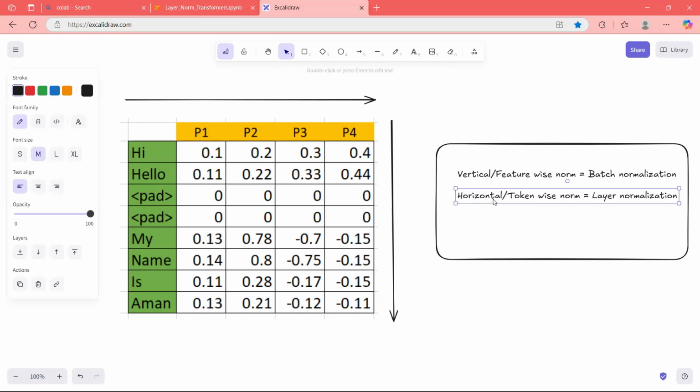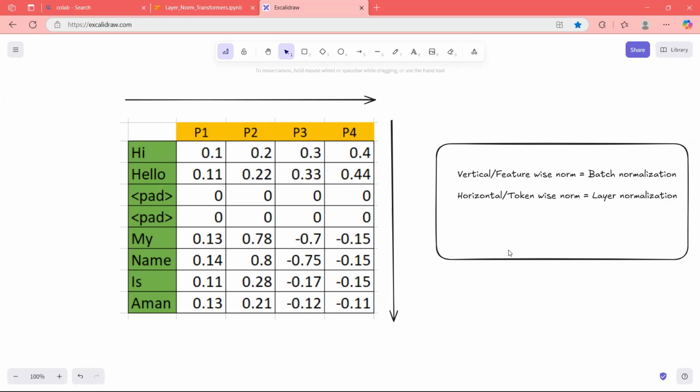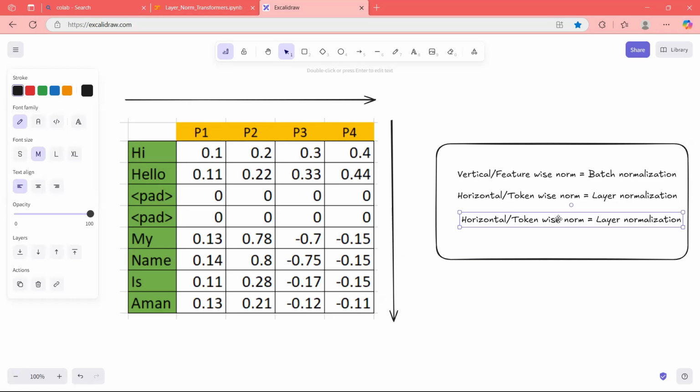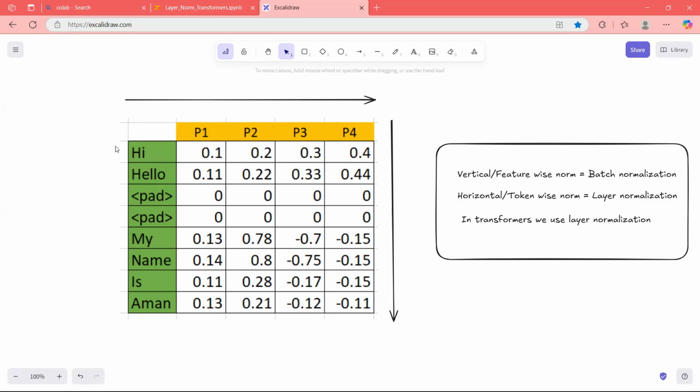And one very important thing here: in transformers we use layer normalization. The question is why? Why can't we use feature wise normalization? There are multiple reasons for that.